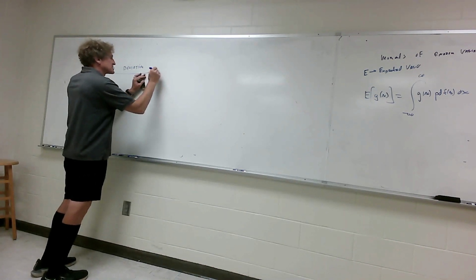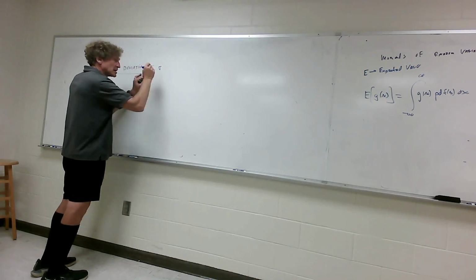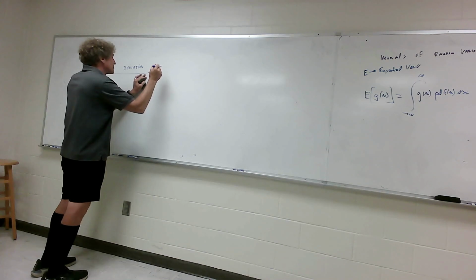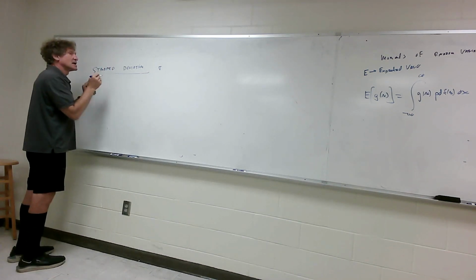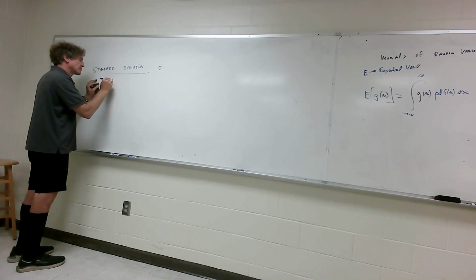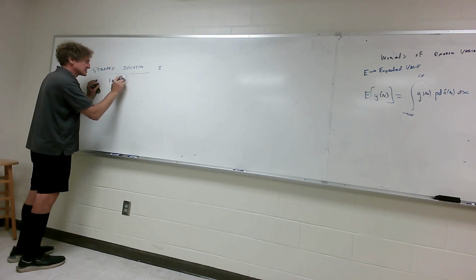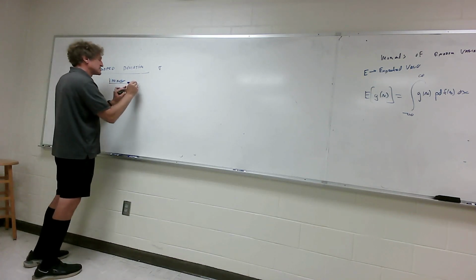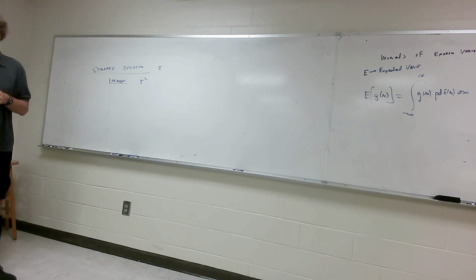Standard deviation has the symbol sigma, but I should say there's also a thing called a variance. Variance has the symbol of sigma squared. This will become clearer as we get into the problems. With me? It's the last thing I'm going to do before I get into the problems.